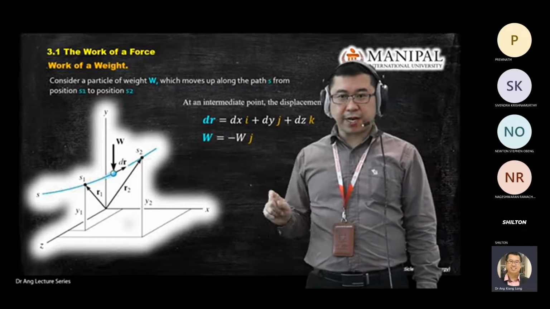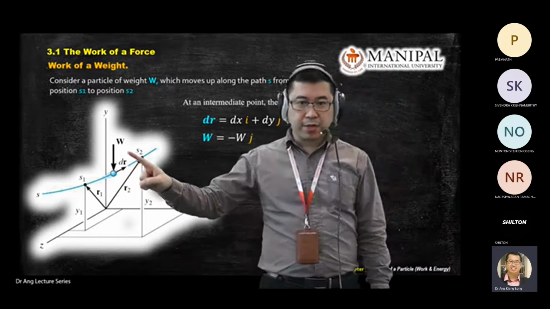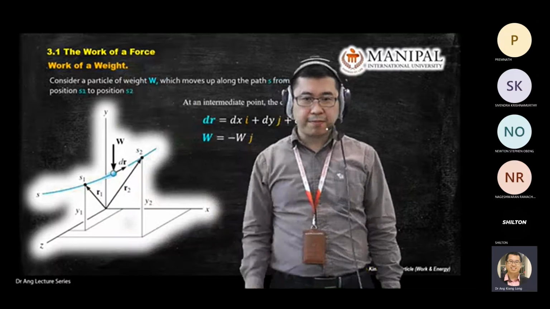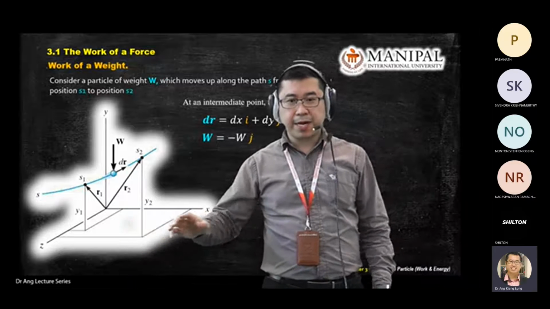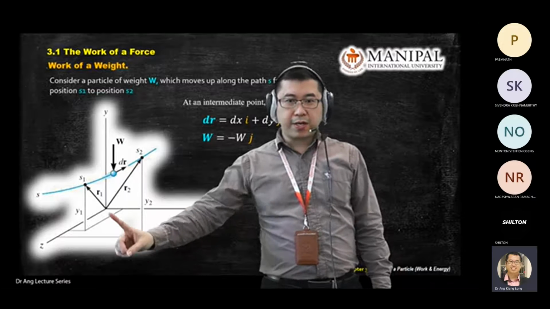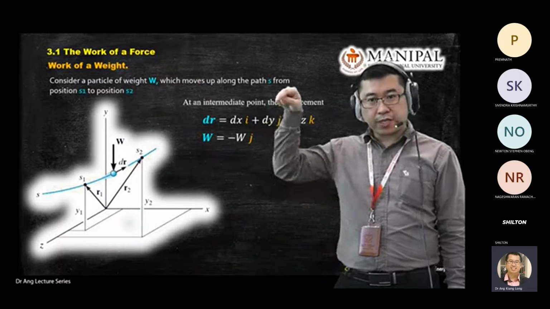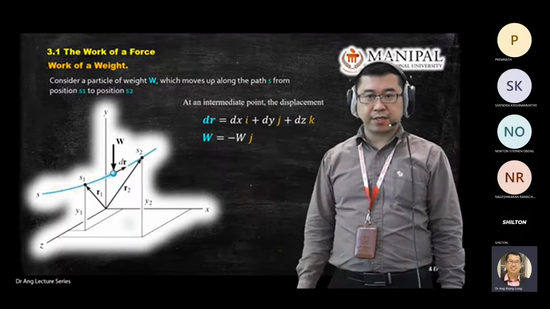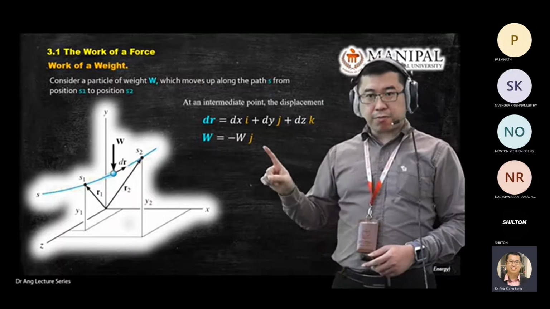The negative is because of the direction of your force going down, because the positive direction is always up. This is normally accepted by scientists and mathematicians around the world: all directions going up are positive. Your gravitational force is always pulling down, so that's why you get negative Wj.